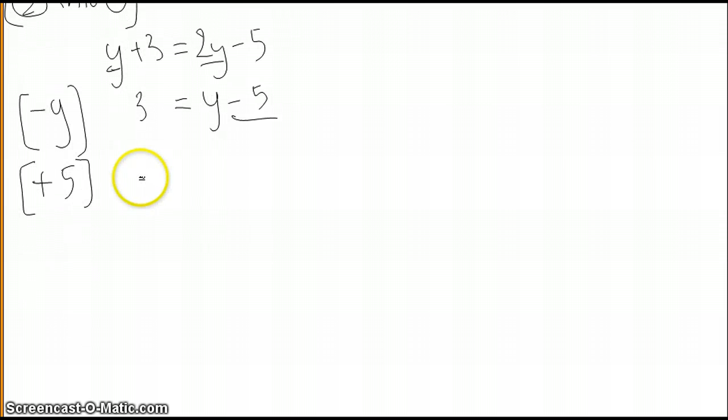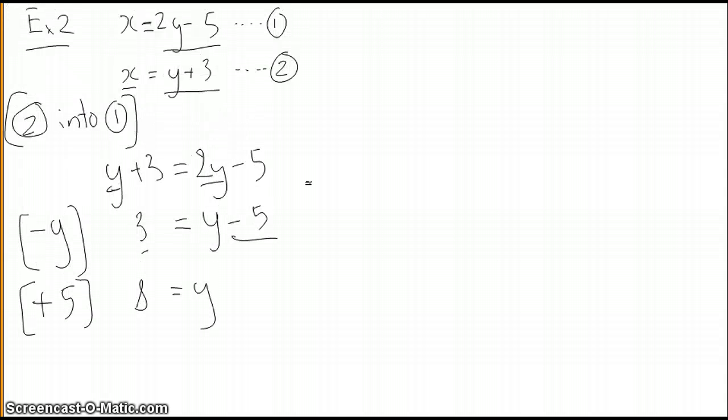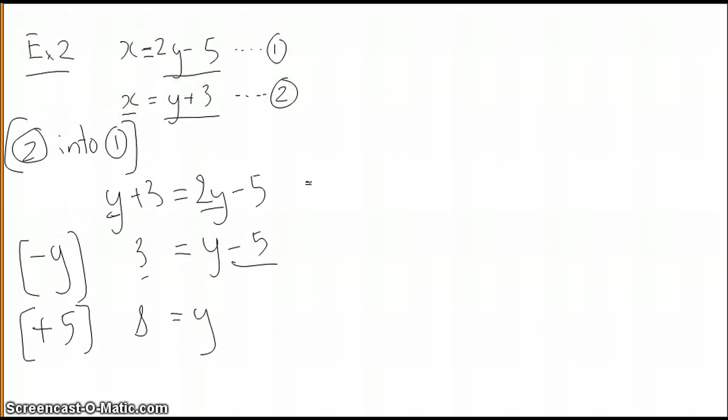And y is equal to 8. 5 plus 3. So I added 5 to both sides. Once I've got one solution, I then put that solution back into one of the equations.